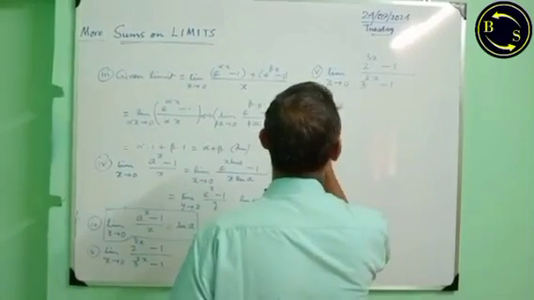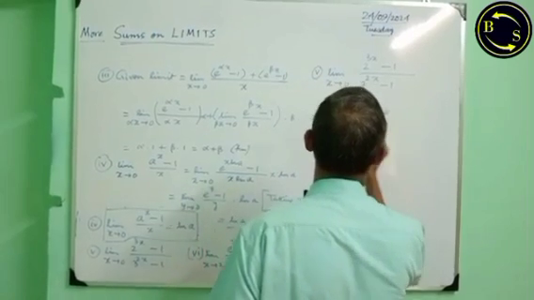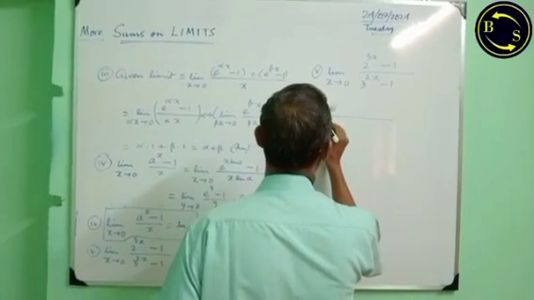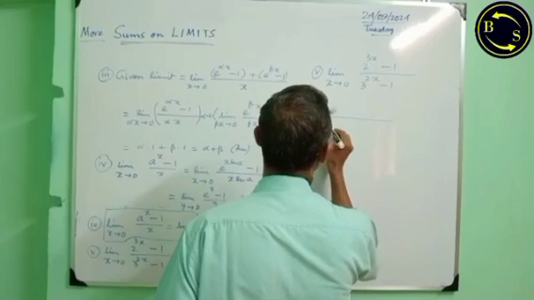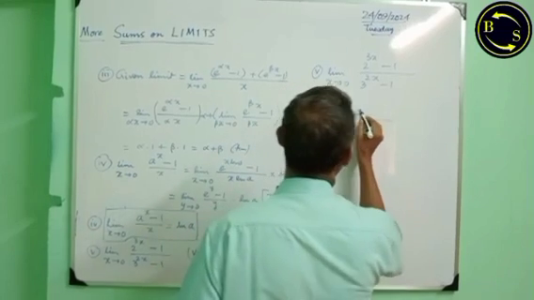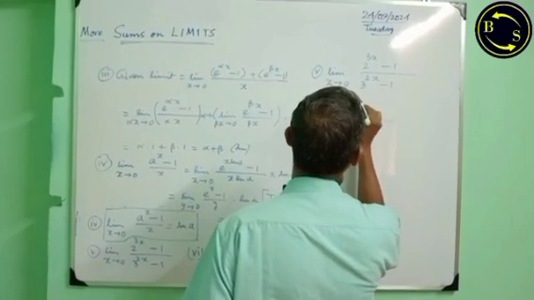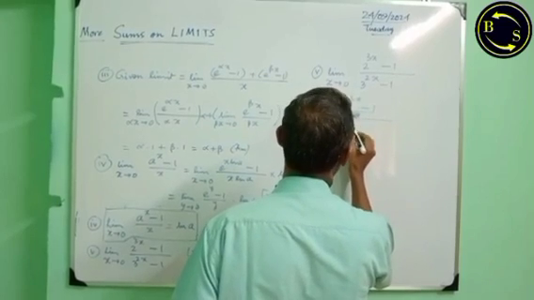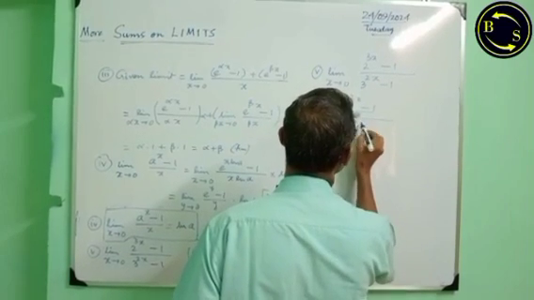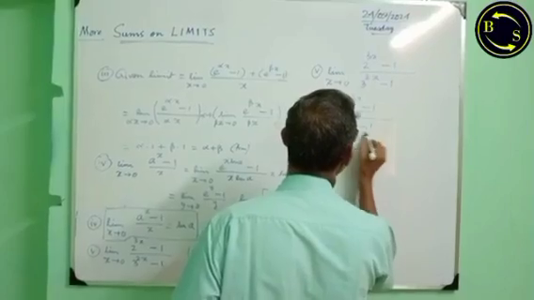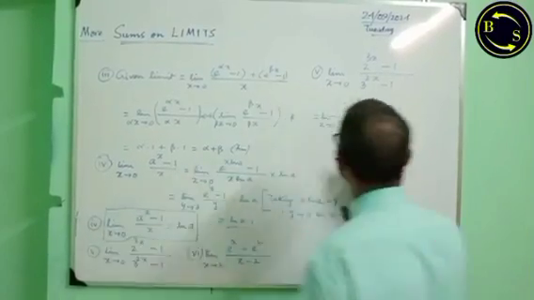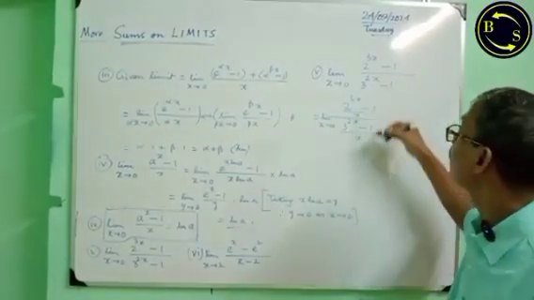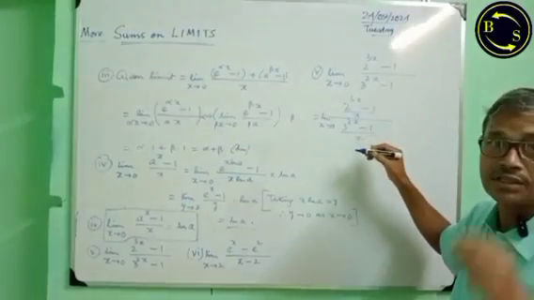Therefore, I write limit x tends to 0, 2 to the power 3x minus 1 whole by x, 3 to the power 2x minus 1 whole by x. Here I have divided the numerator and denominator by x.